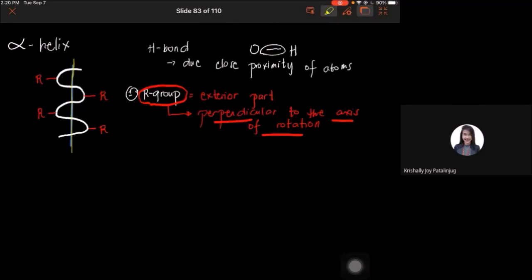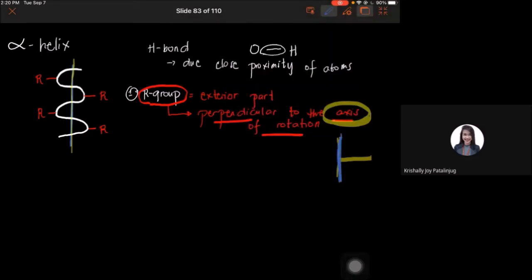So, yung mismong axis, halimbawa, which is in a straight vertical line, pag sinabing perpendicular, so obvious, it will form a 90-degree angles.